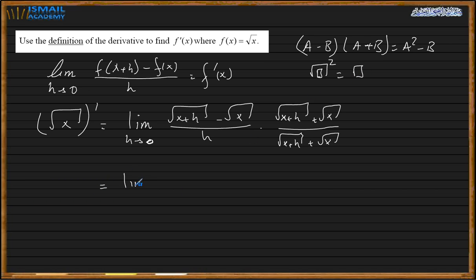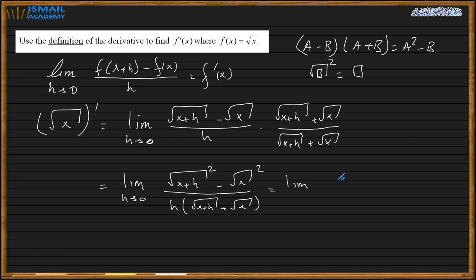So it's going to be the limit when h goes to 0 of square root of x plus h squared minus square root of x squared over h times square root of x plus h plus square root of x.